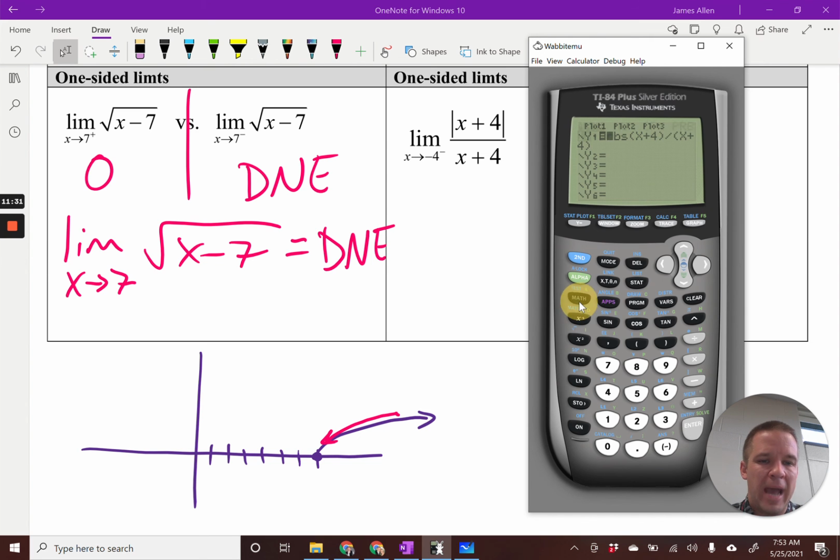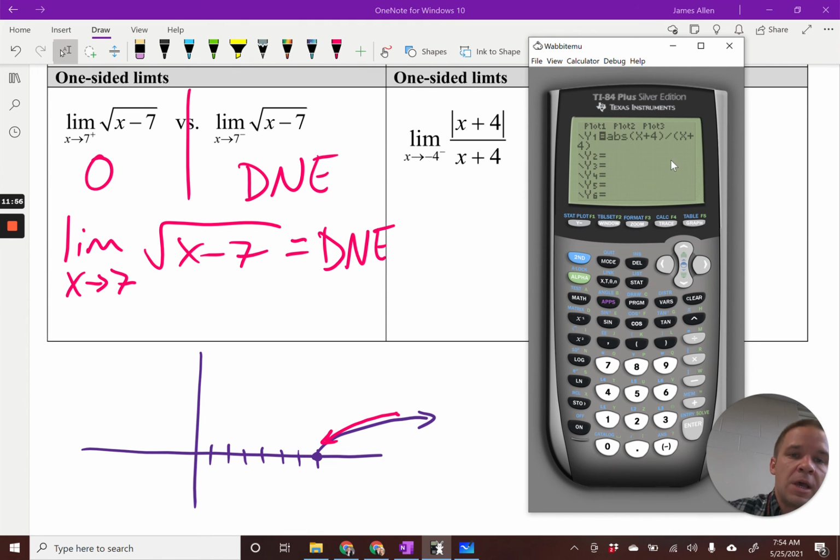If I hit math right there, I arrow over to number, it's the first choice. My calculator is a little more old school, so it says abs, but if you've got some of the newer ones, it's going to actually show the absolute value bars. Pretty cool, because they put some basic, nice looking functionality into a calculator. Good job, TI, not the rapper, Texas Instruments.